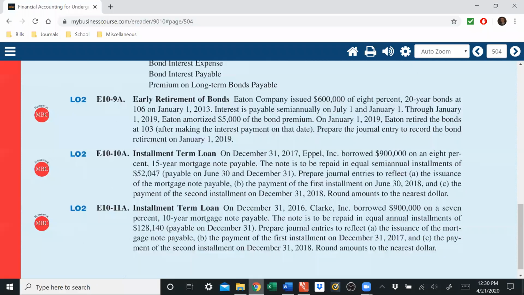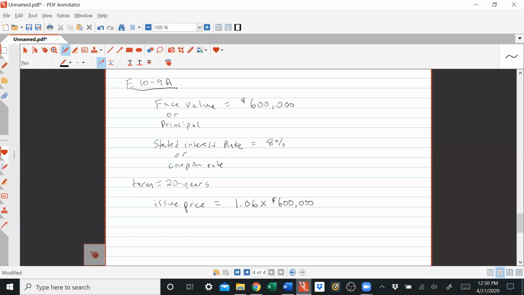So telling you the 106 or the 98, whatever this factor I give you, that's information I'm giving you so that you can find the issue price. Or I can give you the issue price directly. Here I'm giving it to you indirectly. By telling you this, you know you have to multiply it by the face value, and that was the issue price. So 1.06 times 600,000 is actually what the borrower received from the lender on the date that the borrower issued the bonds to the lender.